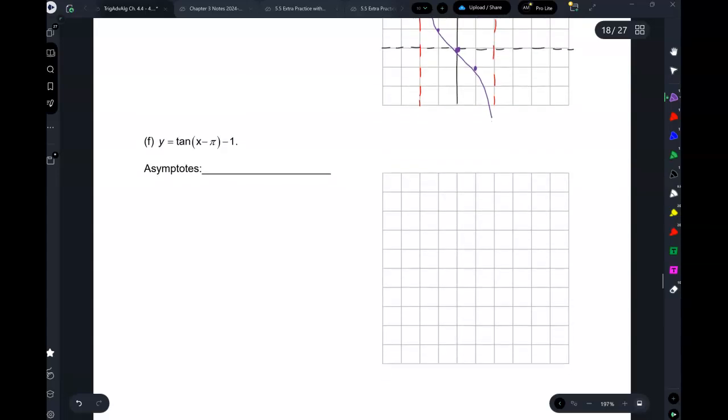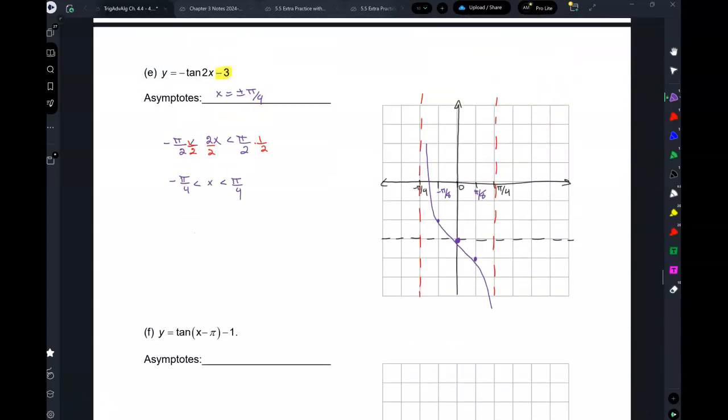Huh? Because it's a tangent. So the period for tangent and cotangent is pi, but the limits for tangent go from negative pi over 2 to pi over 2, cotangent 0 to pi.